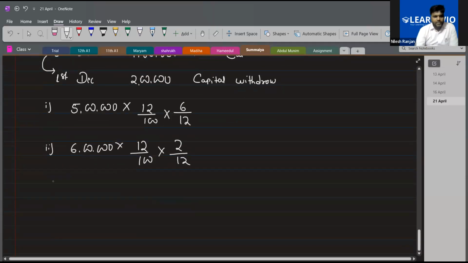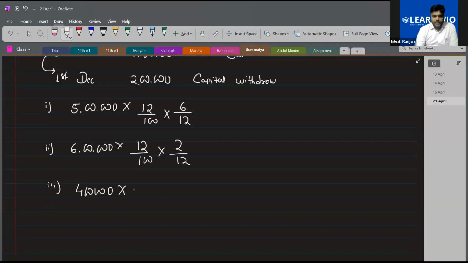And for the third term, it is 4 lakh into 12 by 100 into 4 by 12.